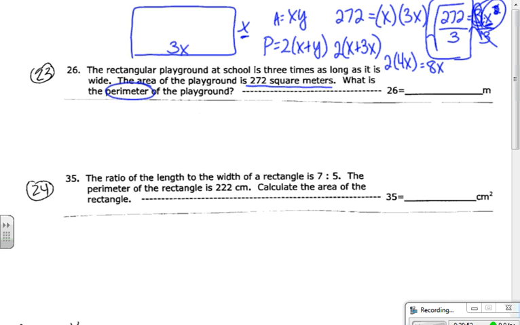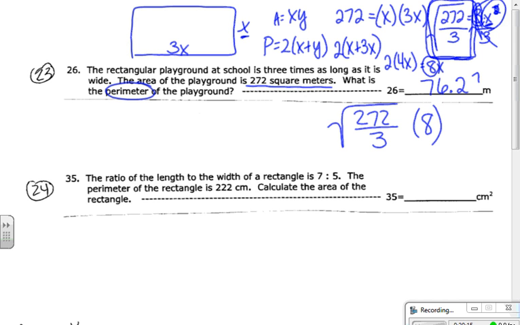The perimeter of this rectangle will be whatever we got for x right here times 8. So ultimately what you're typing into your calculator is that. And you end up then with a perimeter of 76.2 meters. In your calculator, it'll show 7.62 times 10 to the first.